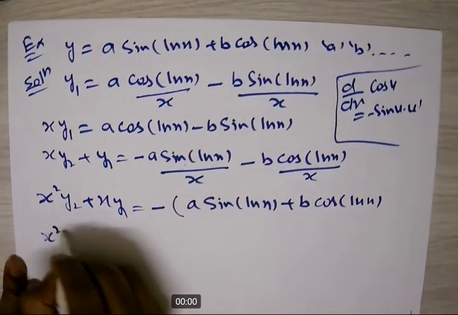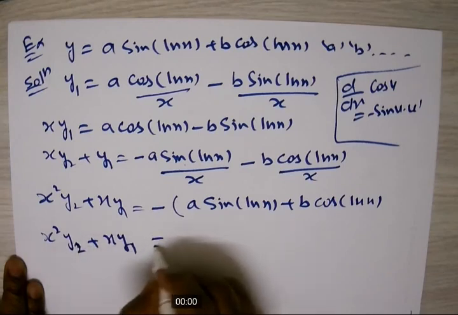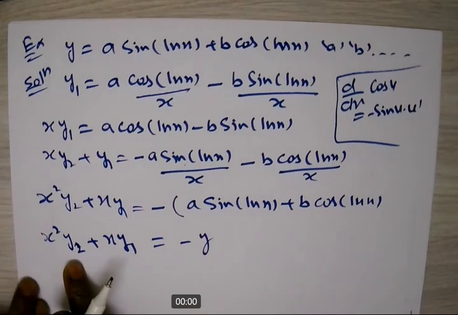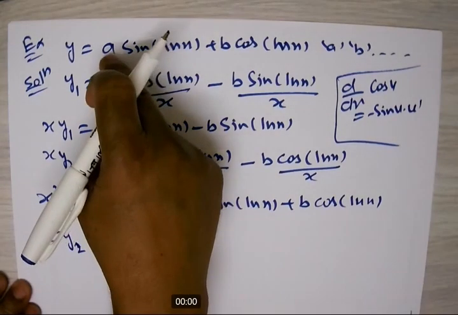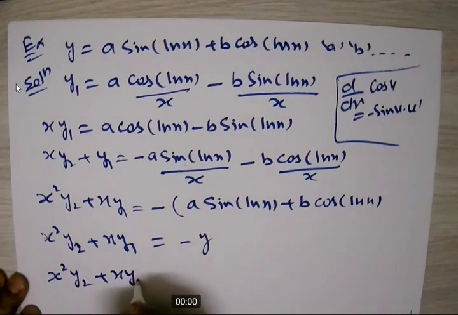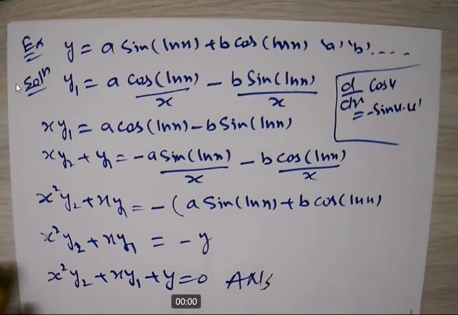So write it here: x² y2 + x y1 = −y. This is the derivative form, but no arbitrary constants a and b are involved. It means this is your answer, the formation of the differential equation. Hopefully you understand this one also, my dear friends.